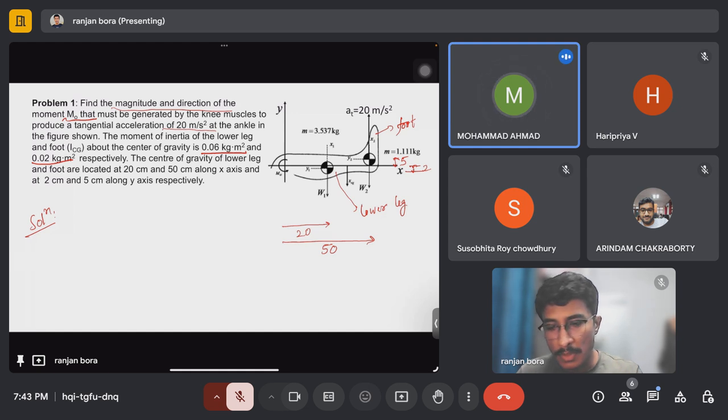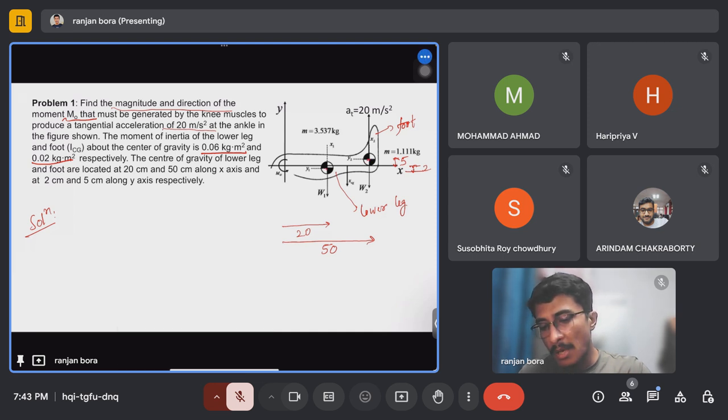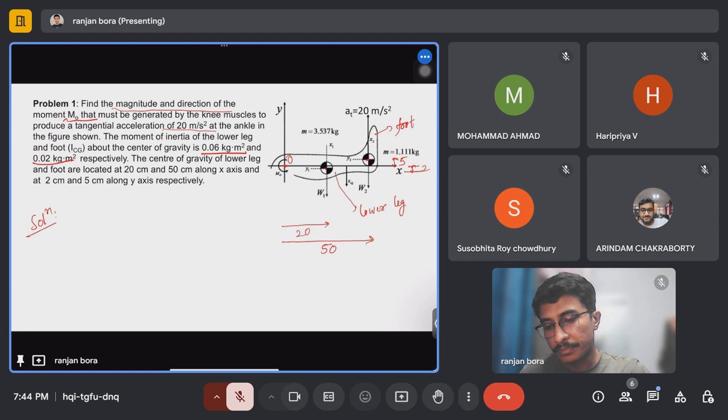Here the moment of inertia is given about their center of gravity, about this point and this point. But we need to find out the moment of inertia about the knee joint, about point O. So first we need to use the parallel axis theorem to find out the moment of inertia about point O.